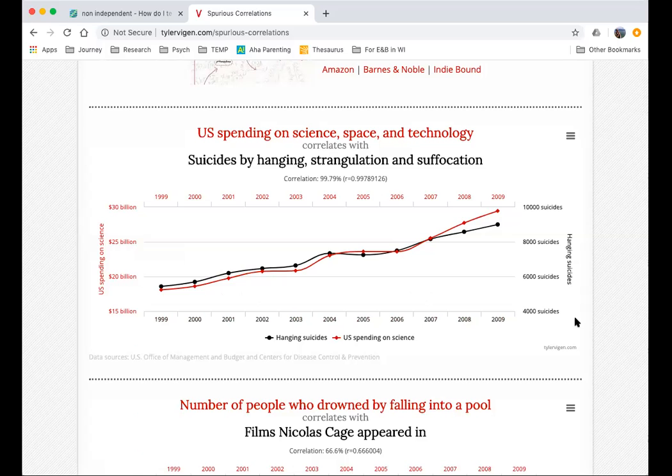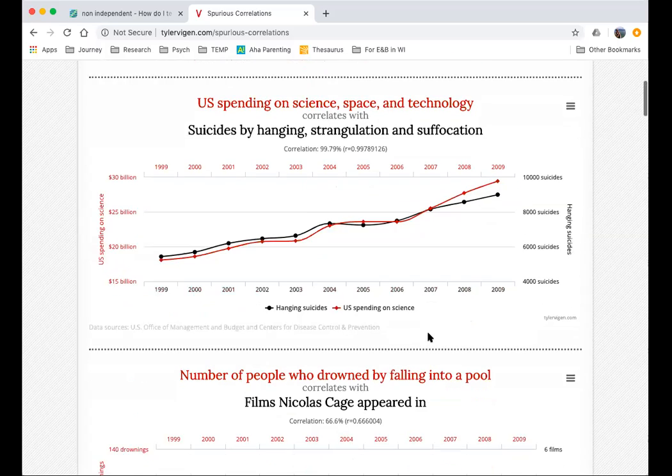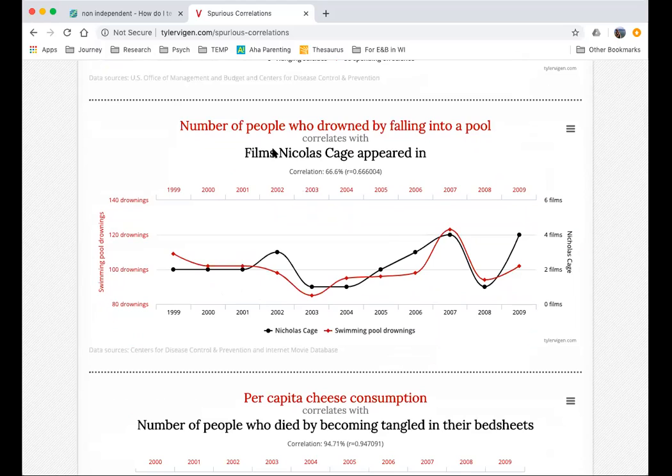So here, I'll give you an example. This is a really good one. Number of people who drown by falling into a pool correlates with films Nicolas Cage appeared in. And if you look at this graph, it is a little bit startling how these two variables go together. And you'll see a computed R value of 0.666.